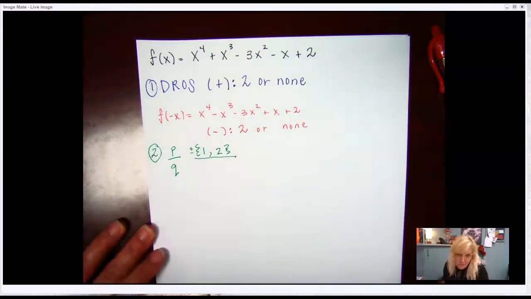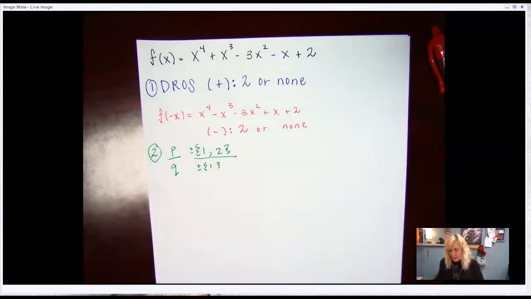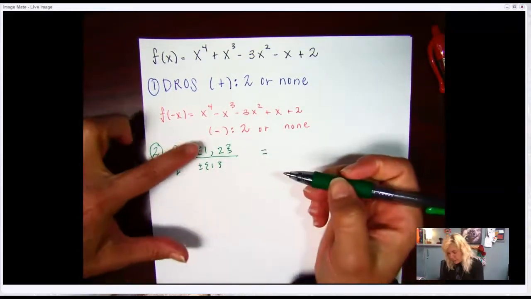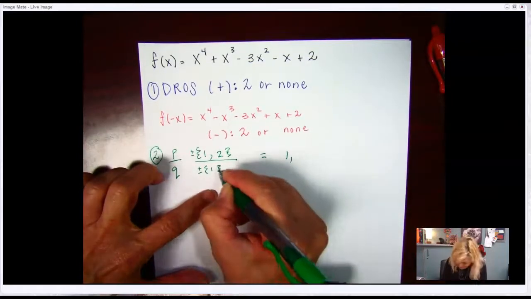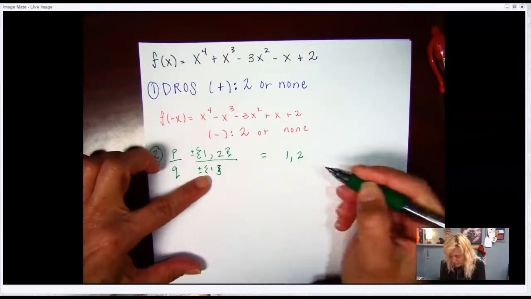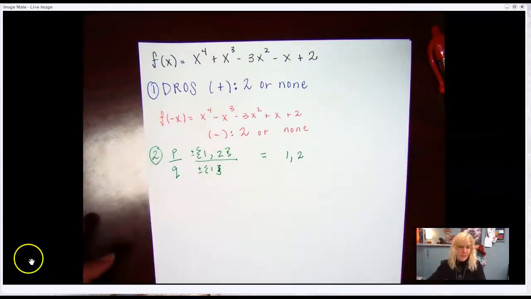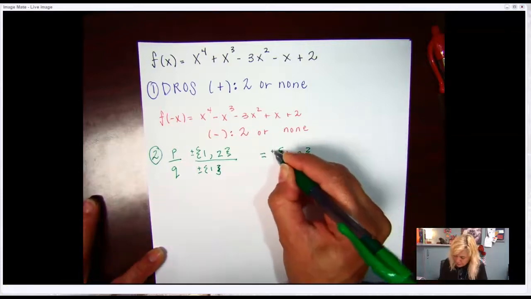And our leading coefficient's 1, so that's just positive or negative 1. So our possibilities are 1 divided by 1, and 2 divided by 1. Remember, they can be positive or negative.